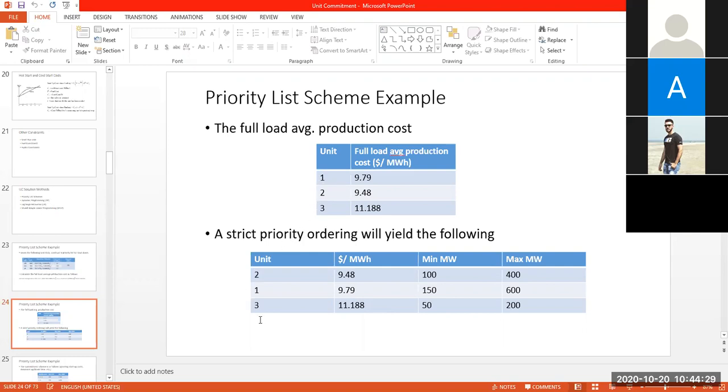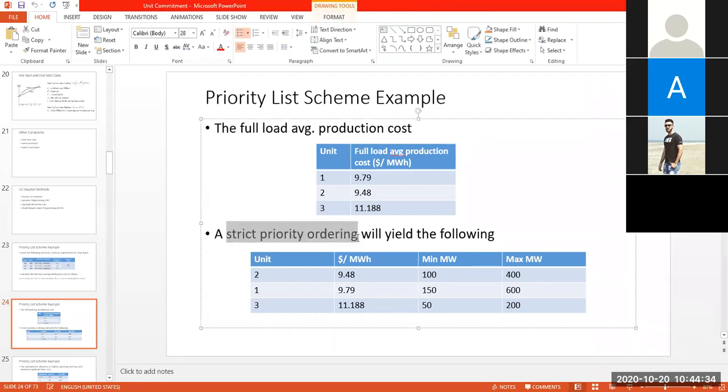Okay, so I have updated the list according to the strict priority ordering. My condition for priority ordering here is that this ordering is based on the full load average production cost. So the least cost unit is put in first place, then the second unit, and then the third unit according to these values.